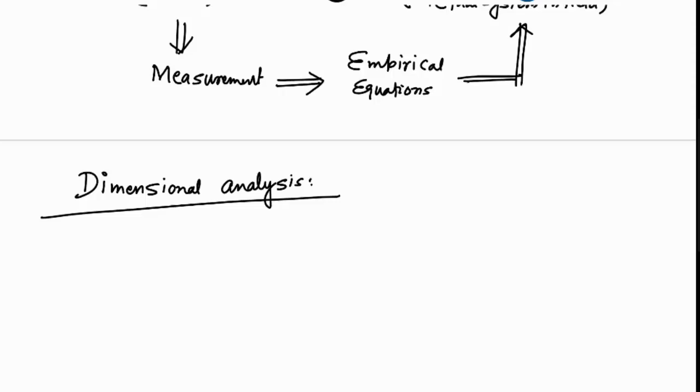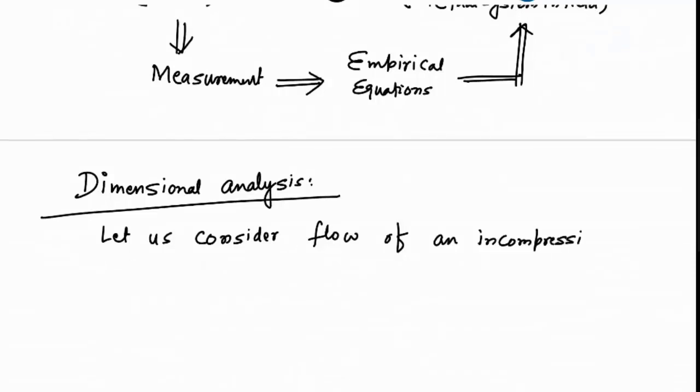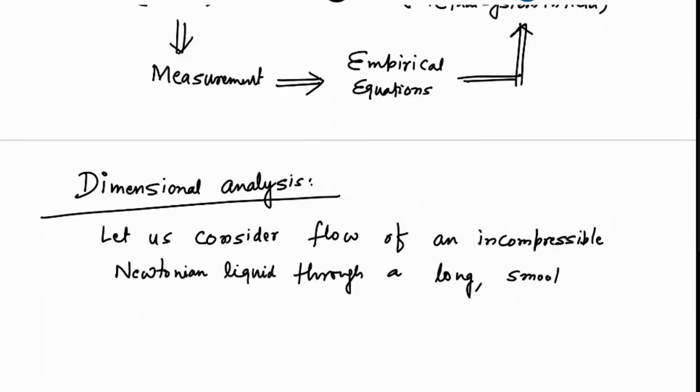So to illustrate this, let us consider flow of an incompressible Newtonian liquid, that follows Newton's law, through a long, smooth-walled, horizontal circular pipe.